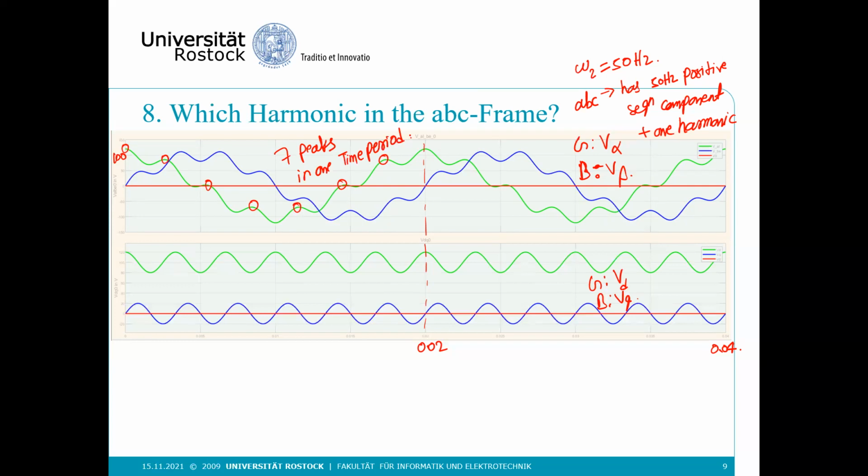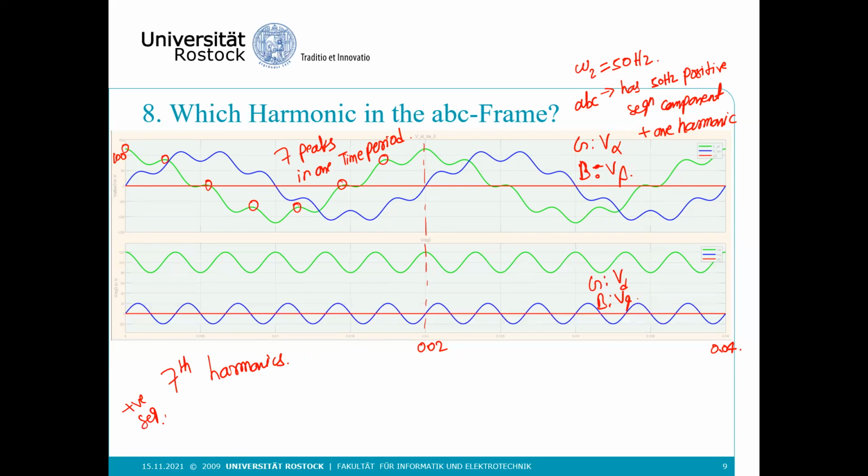Which harmonic do you think it is? Yeah, nice guess. So it's the 7th harmonic. And which sequence? It is, of course, positive sequence, because the 7th harmonic is positive sequence.